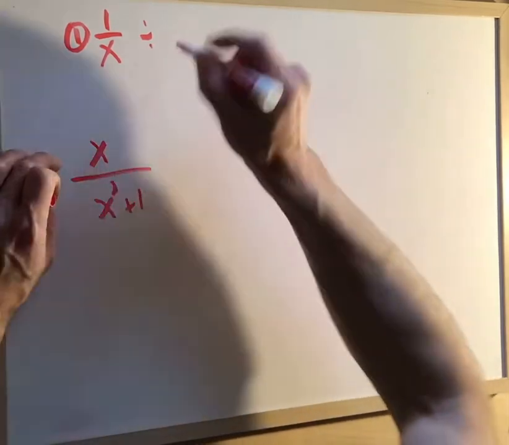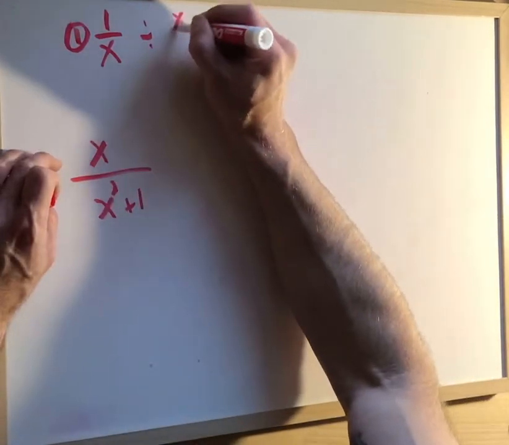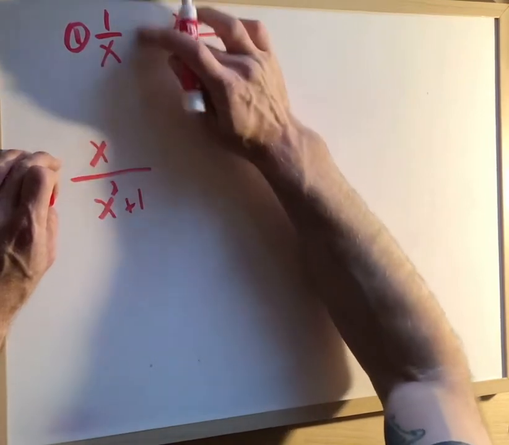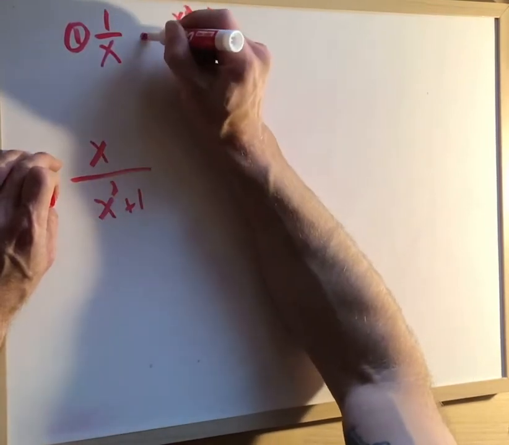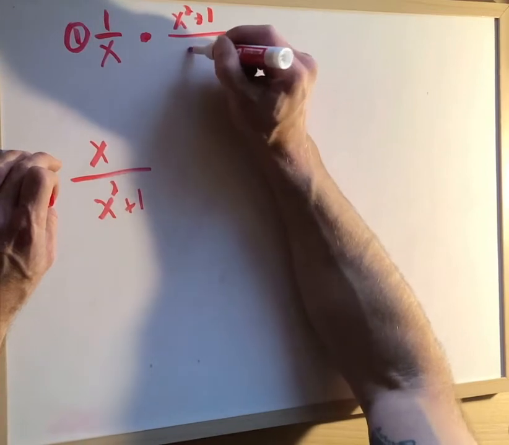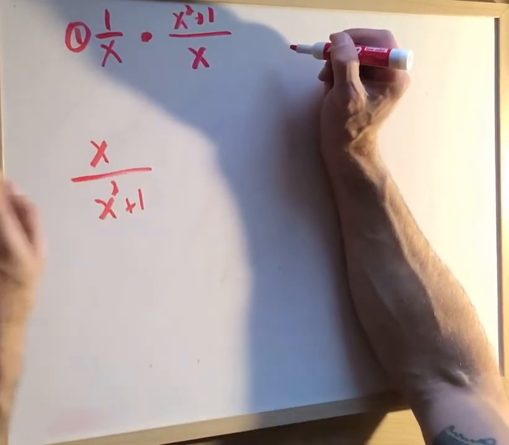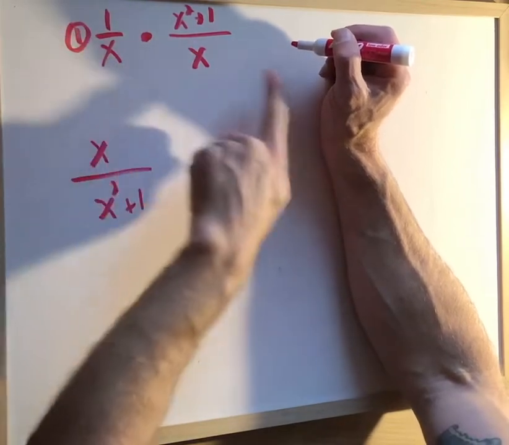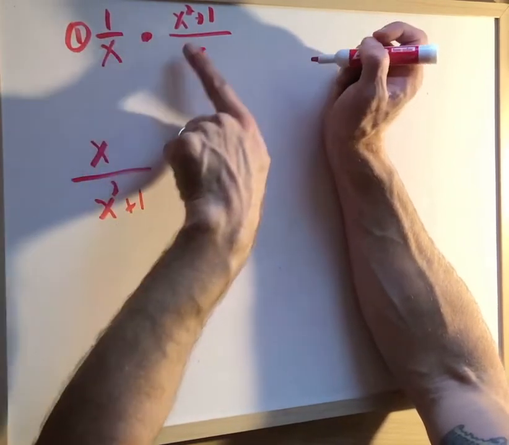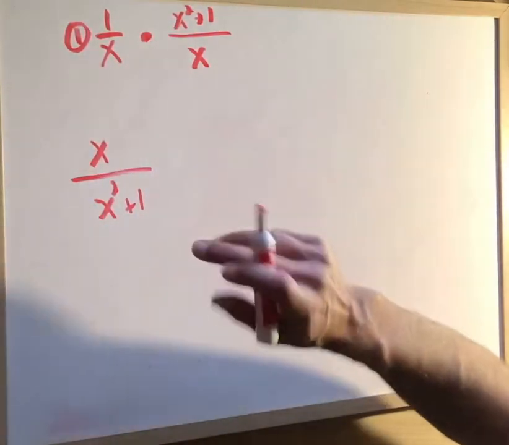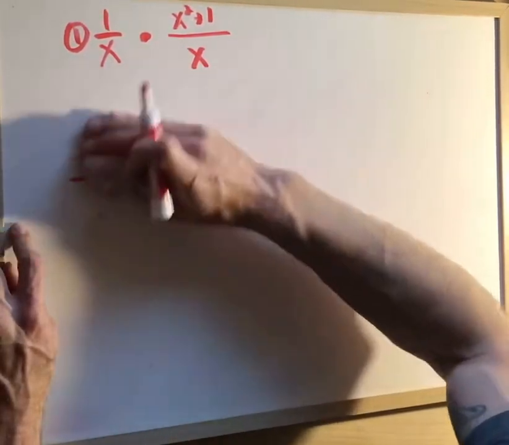So I'm going to flip this and say x squared plus 1 over x, and change this to multiply. Now, just multiply across, so I get 1 times x squared plus 1 over x times x, which is A. Letter choice A. Super, super simple. Number 1 was really easy.